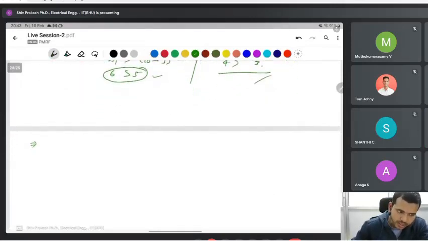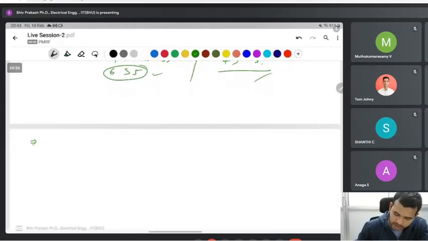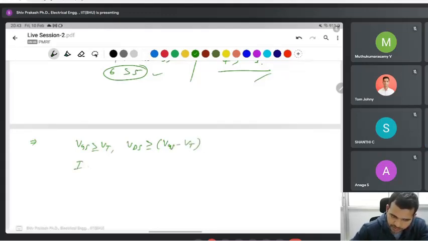There are 3 conditions: cutoff, triode, and saturation. For VGS greater than or equal to VT, and VDS greater than or equal to VGS minus VT, this is the saturation region.